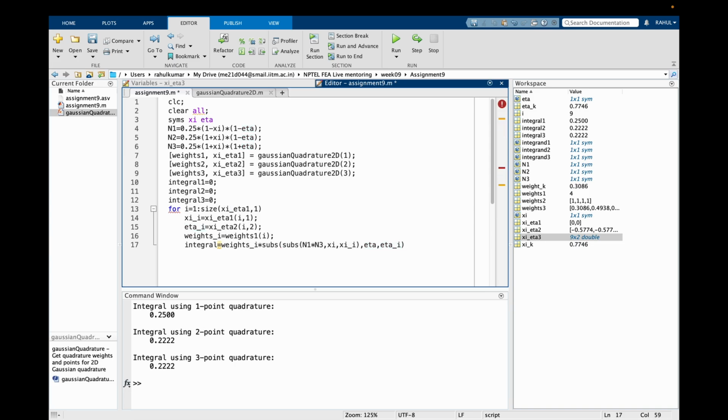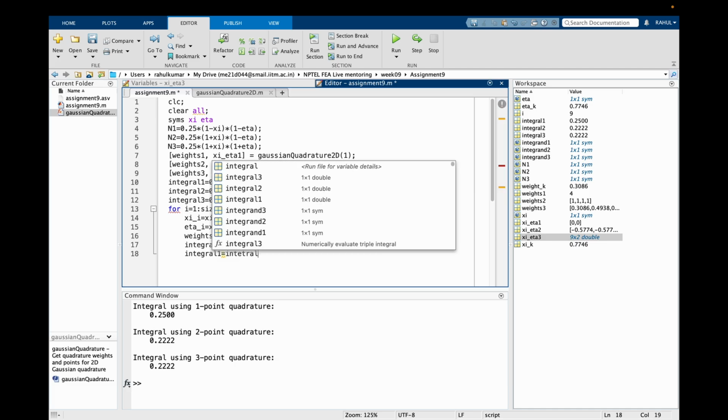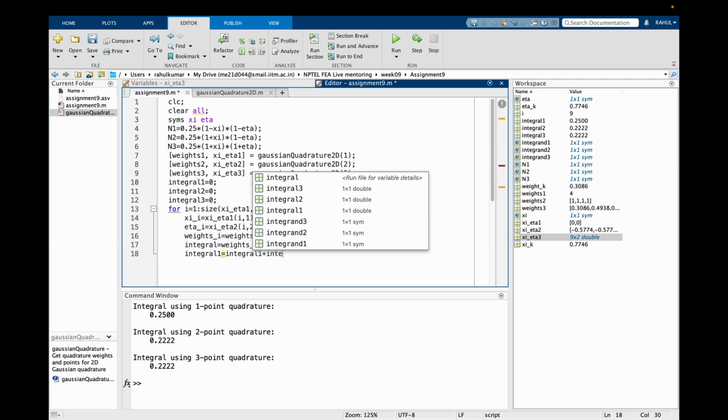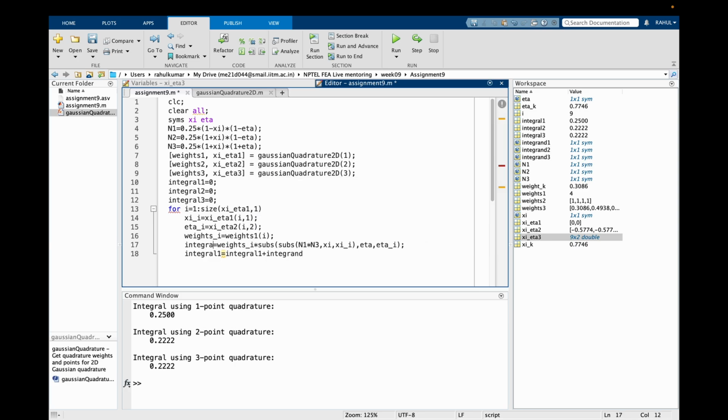Okay, and then this is the integrand, and it will be stored, so that integral 1 will be integral 1 plus integrand. Here I will use integrand. Okay, and then it will be end.